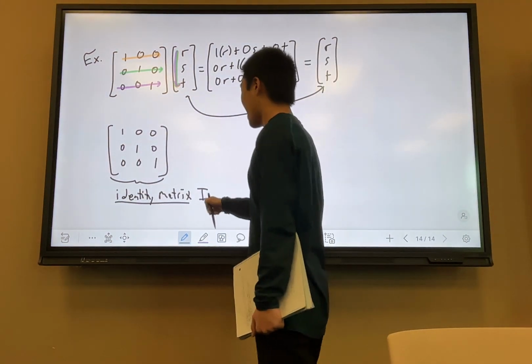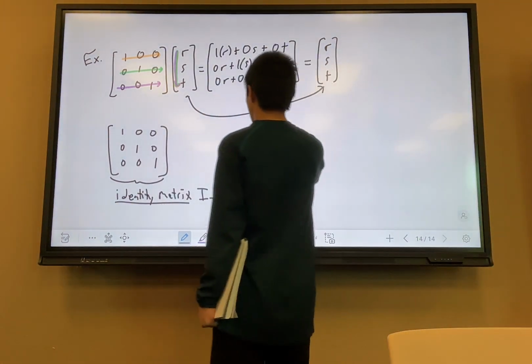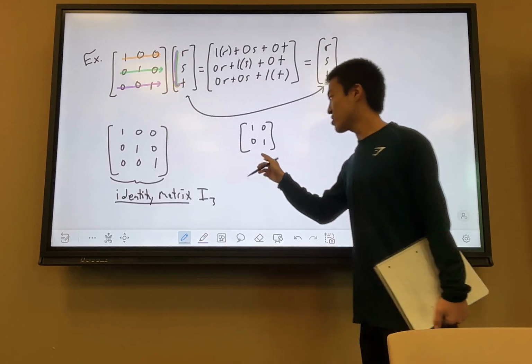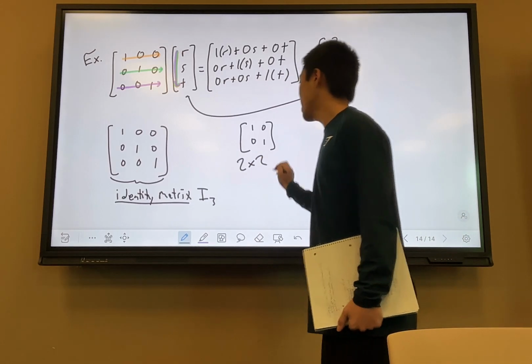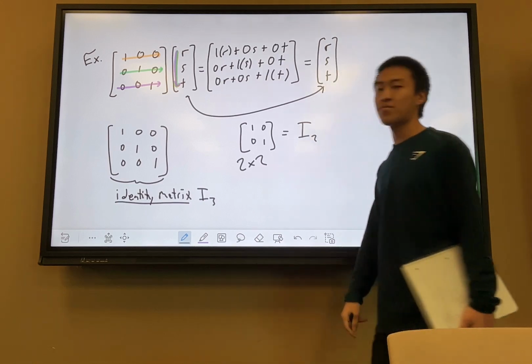In general, I sub n is the identity matrix of size n by n. So this right here, 1, 0, 0, 1, what is the size of that? That's a 2 by 2 matrix. So that means this is the identity matrix I2.